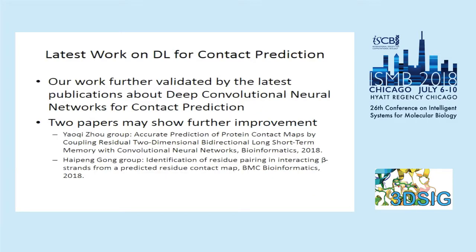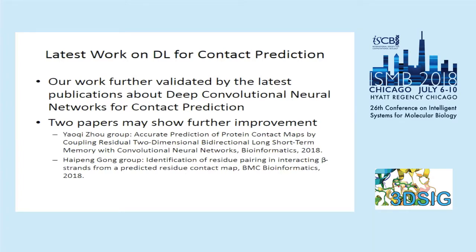Before this talk, I also did some simple literature survey. There is now a lot of new work applying deep learning to contact prediction. So our work was further validated by quite a few papers. They just do some modification of our network architecture for contact prediction.